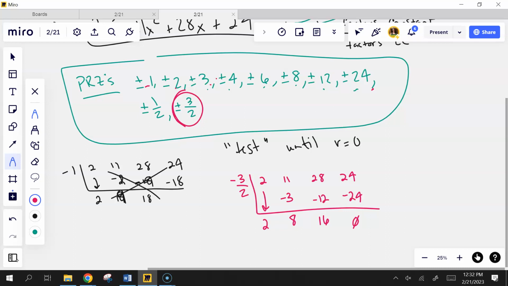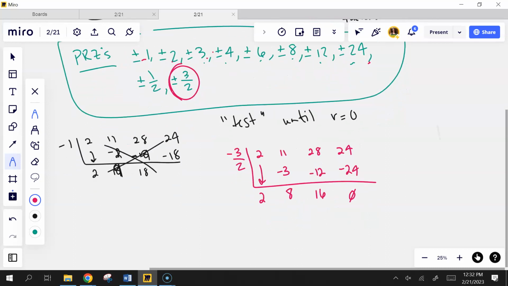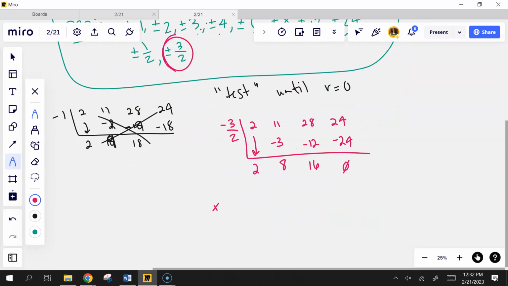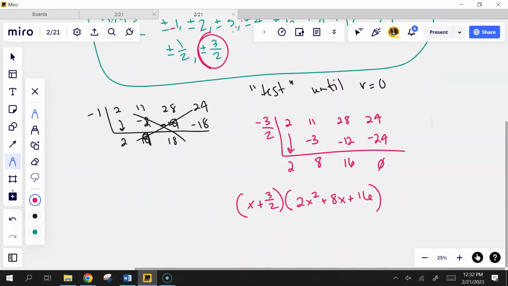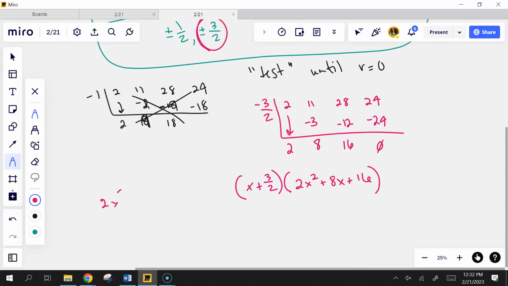So now what does this mean? Because I need to find all the zeros of the function, and that's just one of the zeros. Well, that means now I can say, x plus 3/2 times 2x squared plus 8x plus 16 is the same thing as what I started with here.